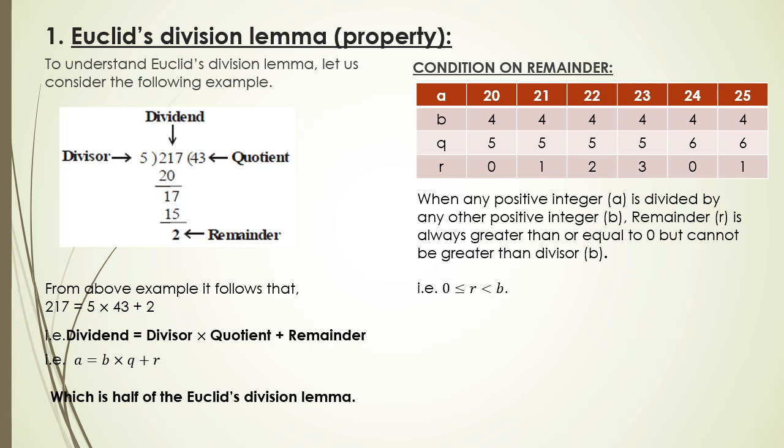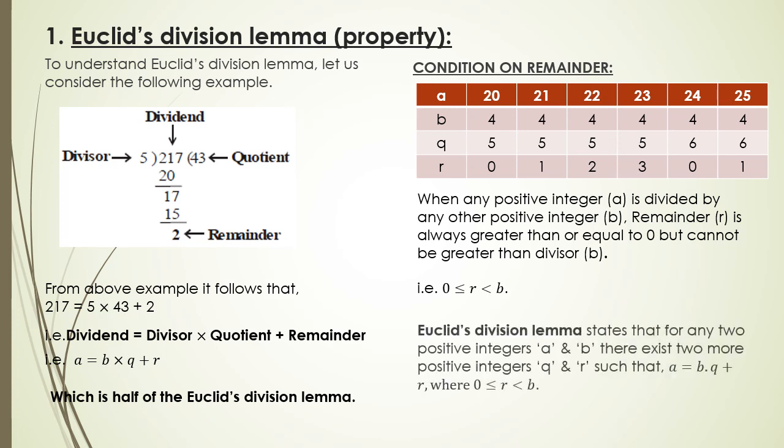That is, the condition on the remainder in Euclid's division lemma can be given by 0 is less than or equal to r is strictly less than b, which means the possible value of remainder can be 0 or more than 0, but it will be at most 1 less than the divisor.